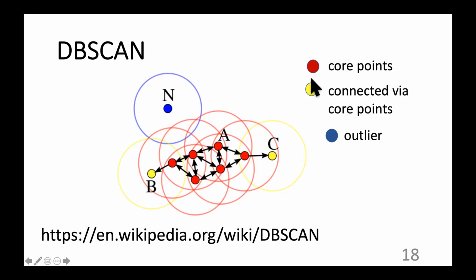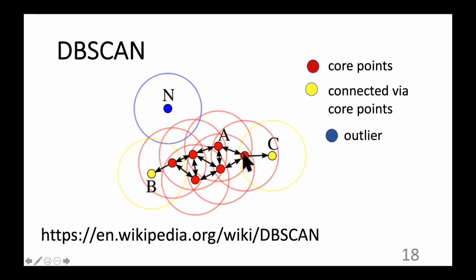The connectivity notion that DBSCAN uses is just the connectivity as before, but 2 data points, like the yellow ones here, are considered connected if they can be reached by hops via only core points. If one of these points on the path were a yellow point and not a red point, then C and B would not be considered connected.